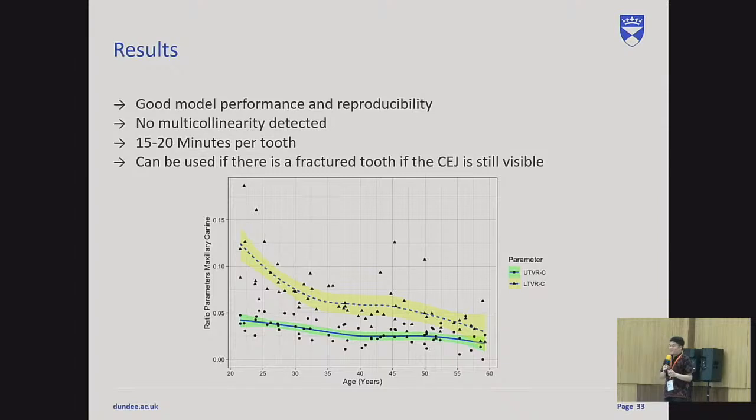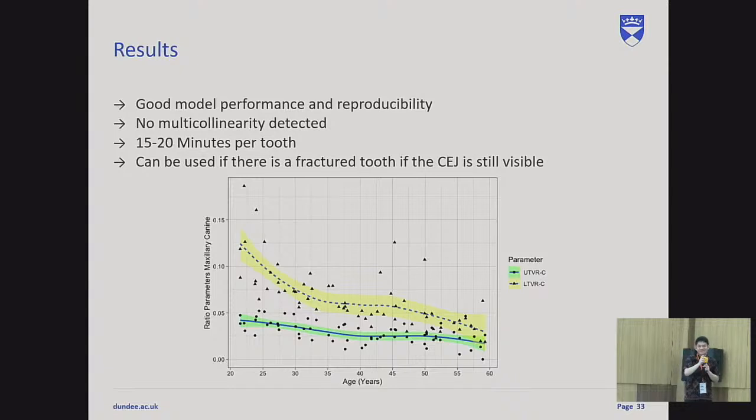And the great part is, let's say you are in DVI and you have a fractured tooth. As long as the CEJ is still visible, you can still calculate the age, because we have separated them both. Because they are independent from each other, you can calculate only the crown or only the root.